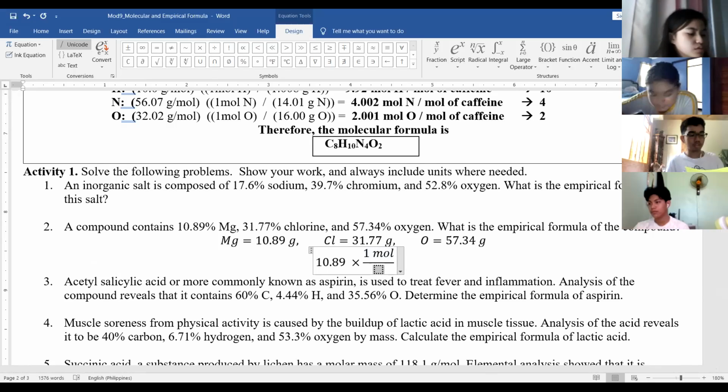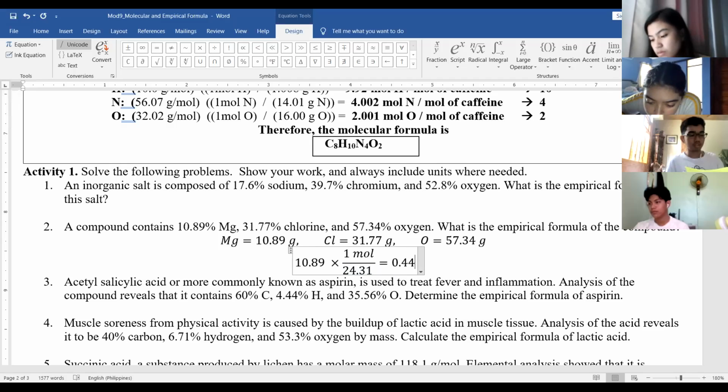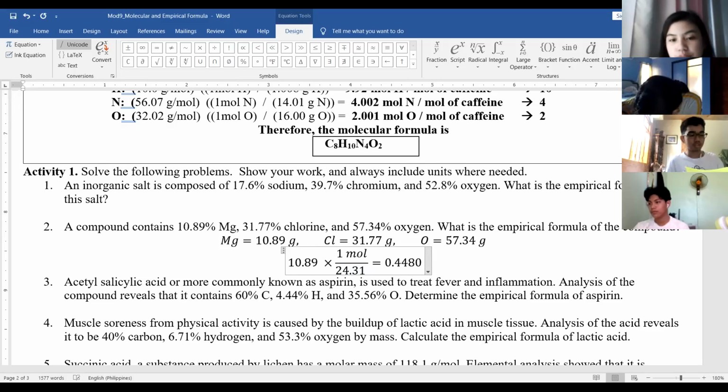That's 24.31 or 24.3. 24.31, yeah. 24.31 grams. So divide 10.89 by 24.31. You'll have the decimal value 0.44796 mole.